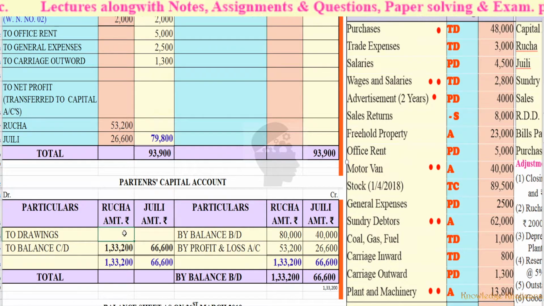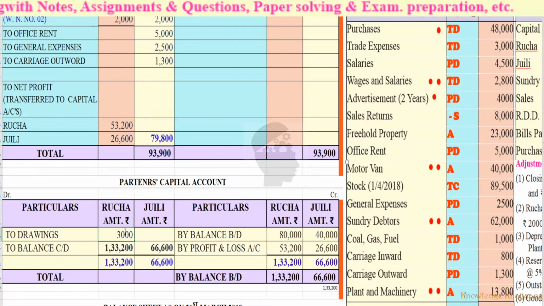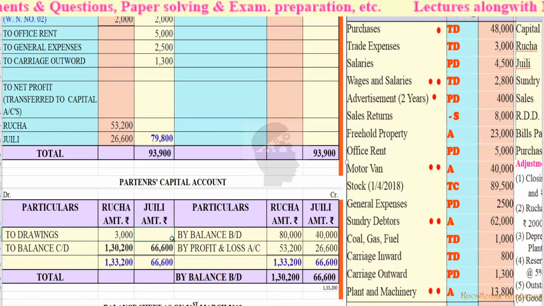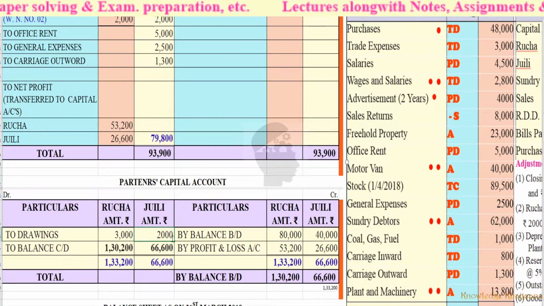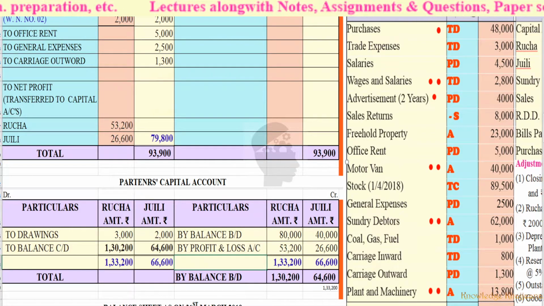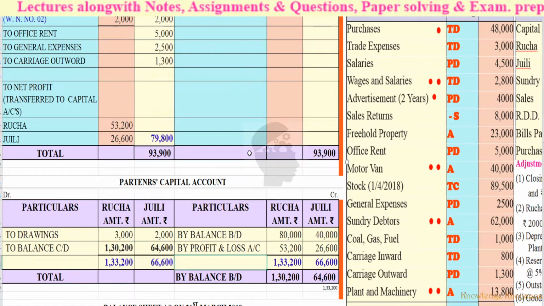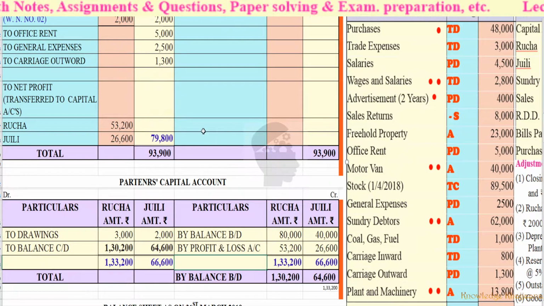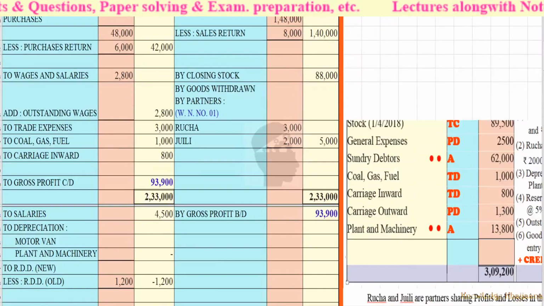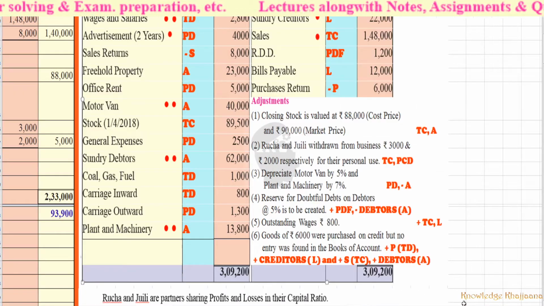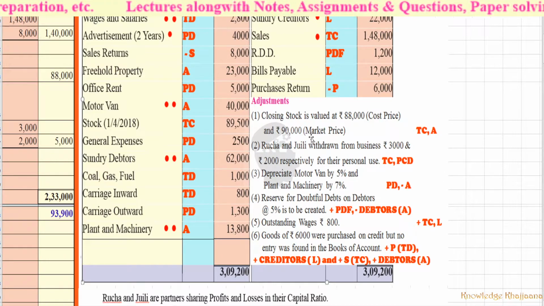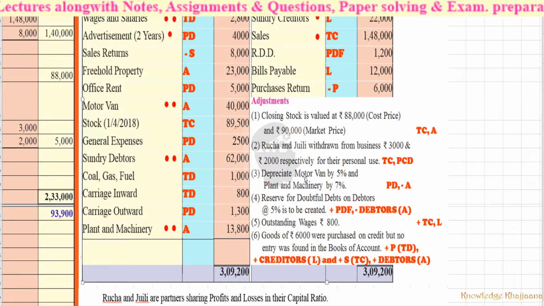Rucha's drawings are rupees 3,000 and Jewelry's drawings are rupees 2,000. Okay, this second adjustment we have completed.